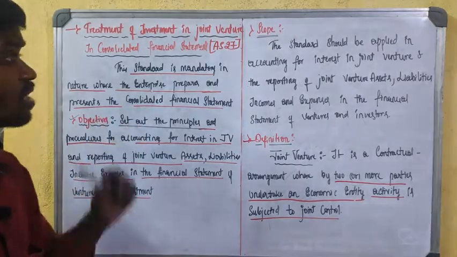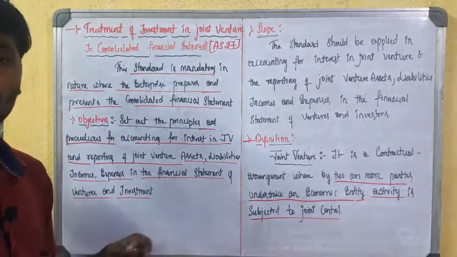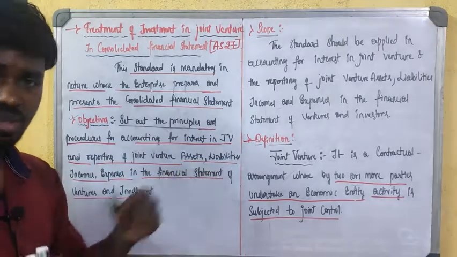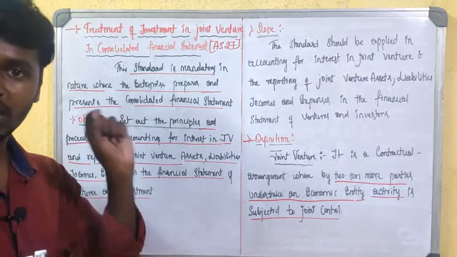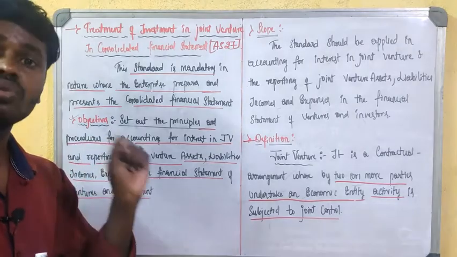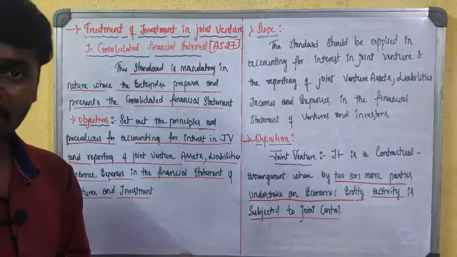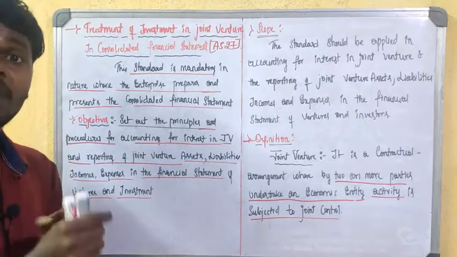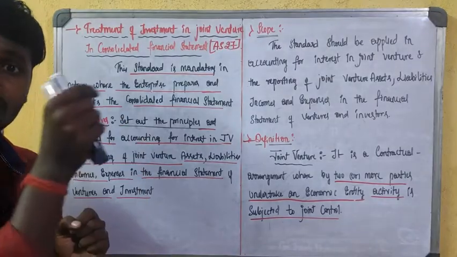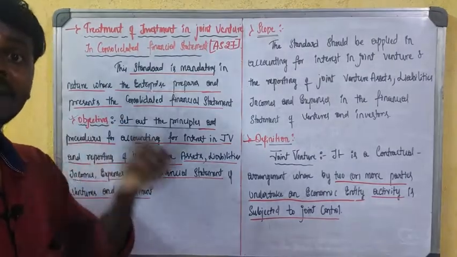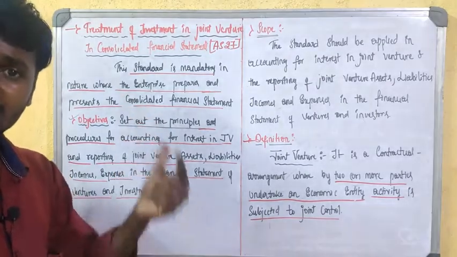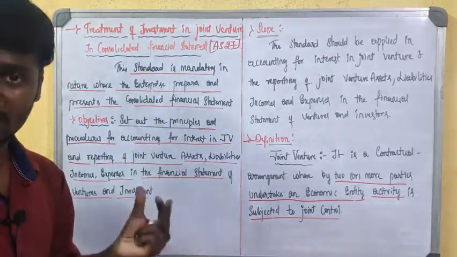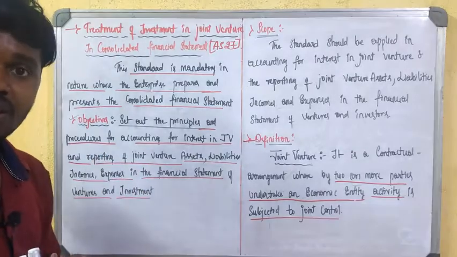So this accounting standard 27 speaks about the joint venture in the consolidated financial statement. The major objective is to set out the rules and regulations and implement them in order to prepare and present the financial statement by representing the joint venture assets and liabilities and incomes and expenses in the consolidated financial statement.